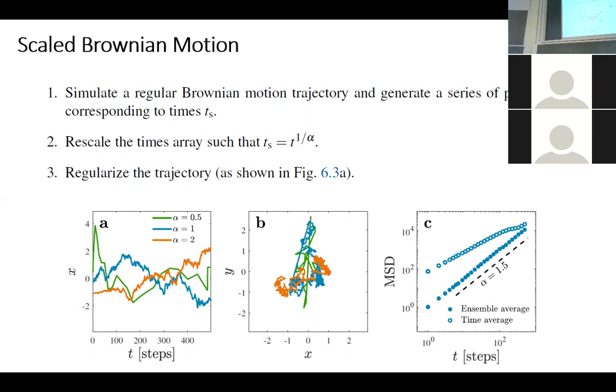Let's start easy. If alpha is equal to 0.5, what will 1 divided by alpha be? 2, right? And I'm going to scale my time array by taking the square of it: 0, 1, 4, 9.